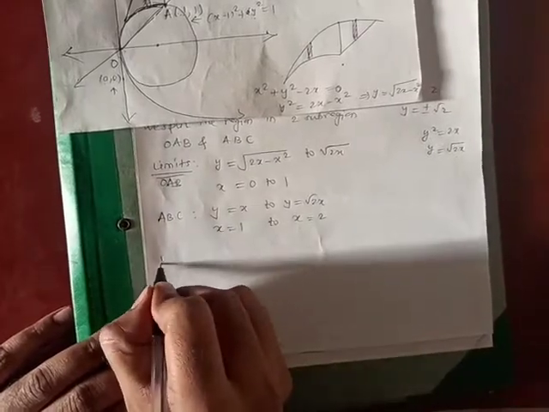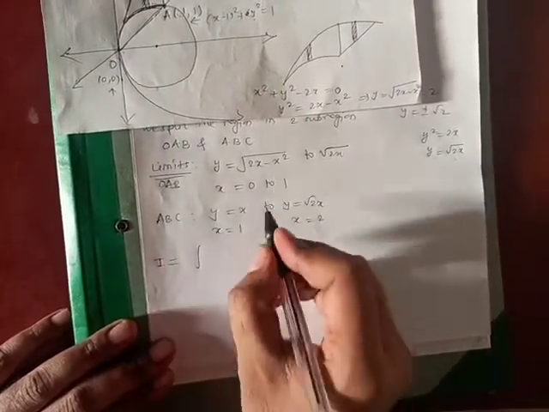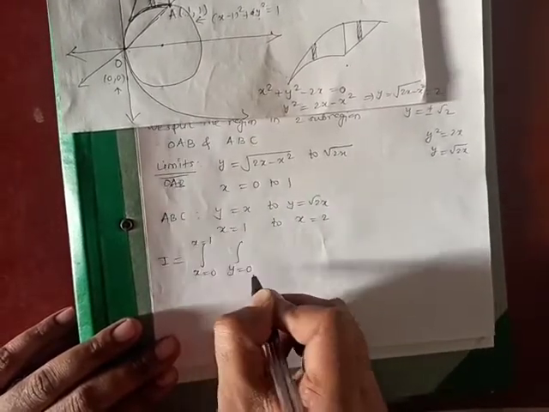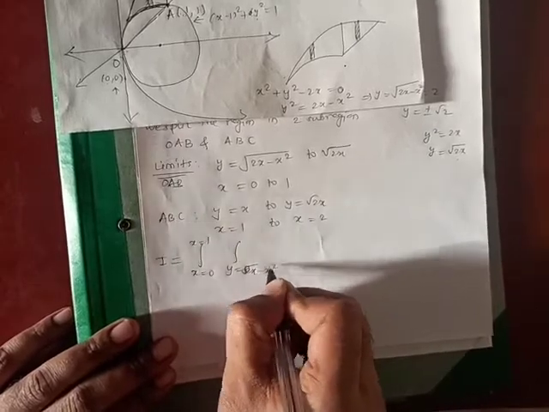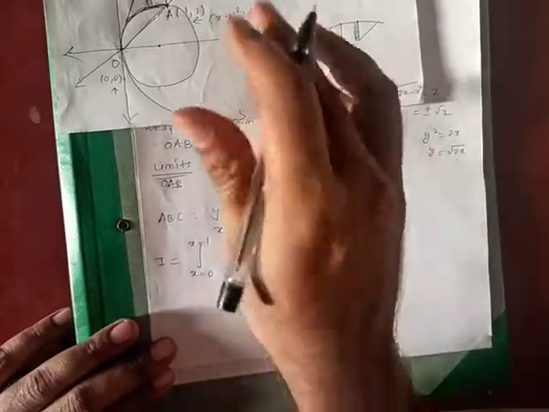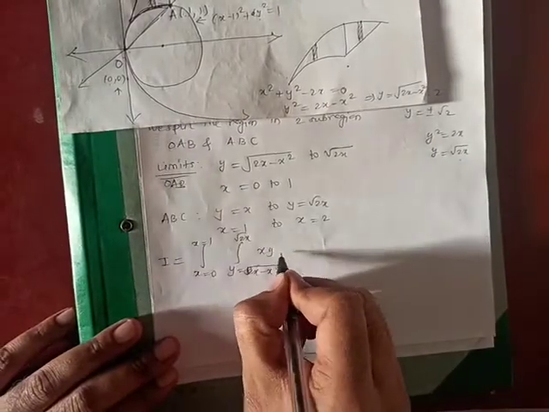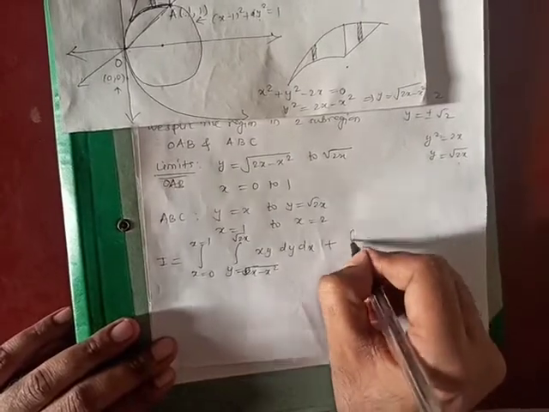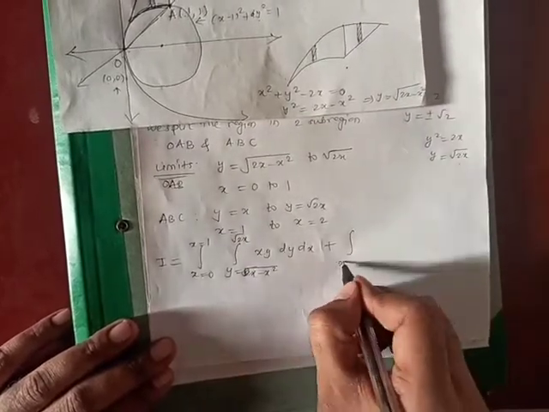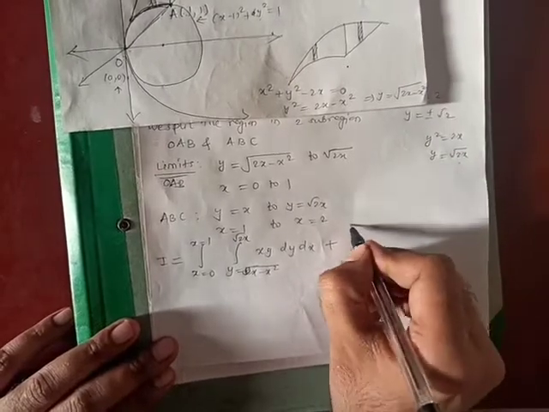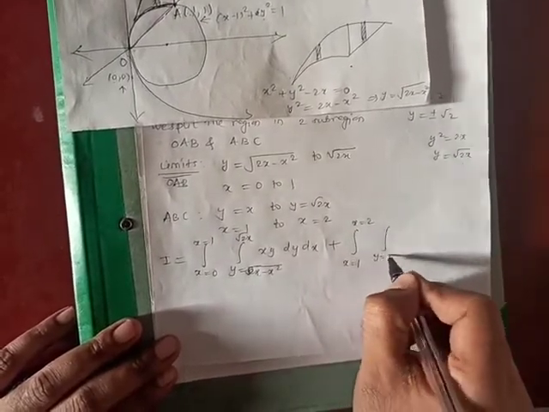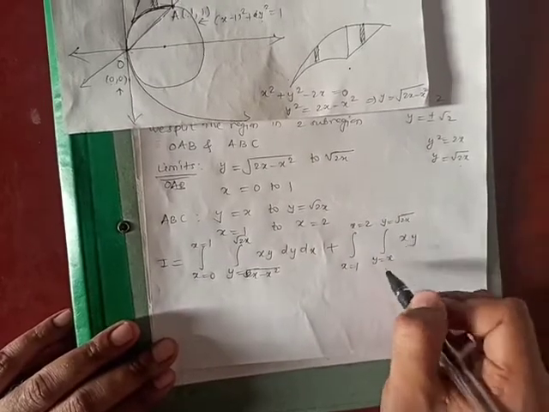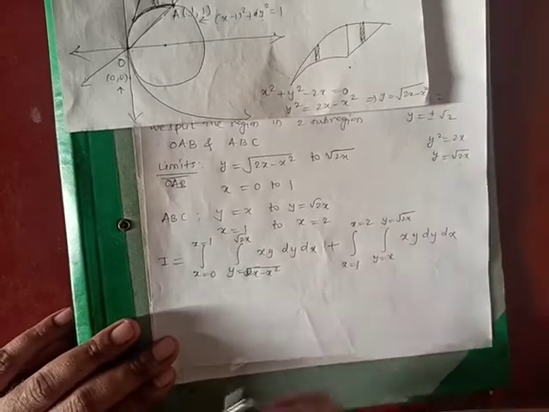and therefore the answer will be: for OAB, x is equal to 0 to x is equal to 1, y is equal to root 2x minus x square to root 2x of, the question is xy, these are the limits of y, so dy first and then dx, plus integration, again x is equal to 1 to x is equal to 2 constants, then y is equal to x to y is equal to root 2x of xy, limits of y, so dy first and then dx, right?